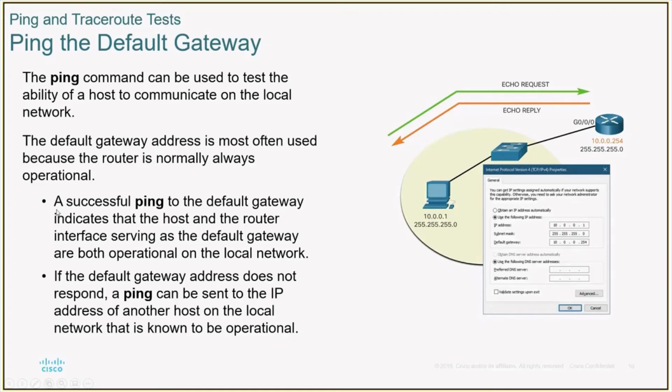So a successful ping to the default gateway indicates that the host and the router interface serving as a default gateway are both operational on the local network. If the default gateway address does not respond, a ping can be sent to the IP address of another host on the local network that is known to be operational. So yeah, if the router's down, well, you're not going to be talking to any other networks, but of course you can ping another host, if there is another host, to see if the actual local network is working.